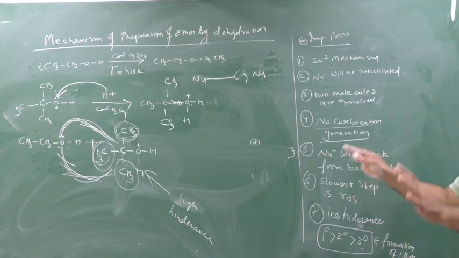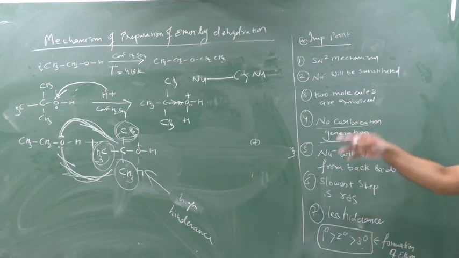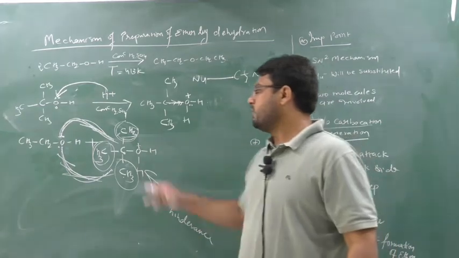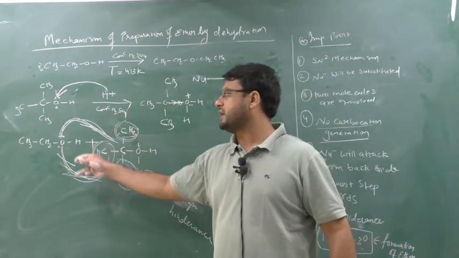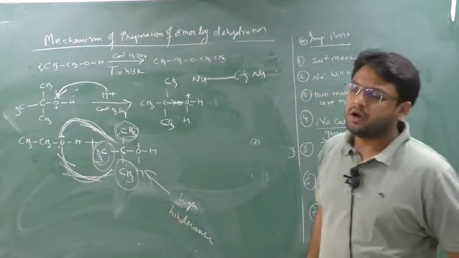Clear? So this was the preparation of ether from dehydration, and remember that 1 degree alcohol can generate ether easily due to less hindrance rather than 3 degree, because in 3 degree hindrance is more and attacking will not be easy. When attacking is not easy, ether generation will not take place.